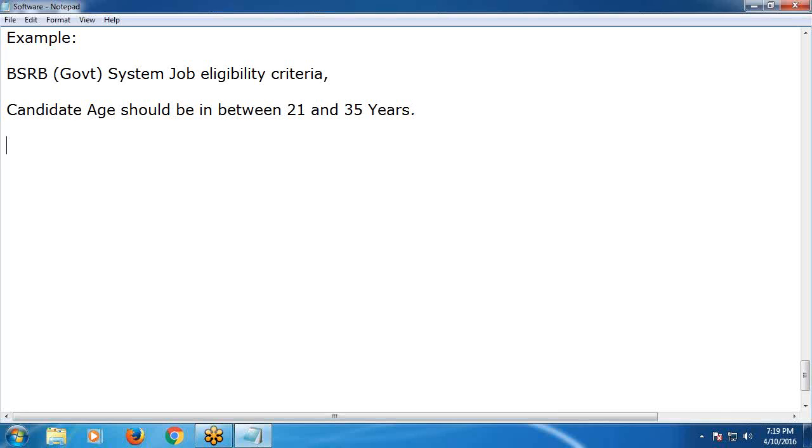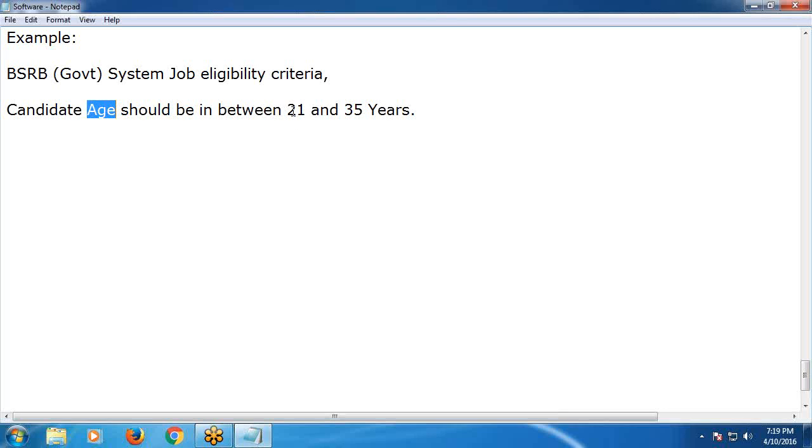Yes, sir. If it is like this, then you can easily prepare the input. Age is what type of data? Numeric.